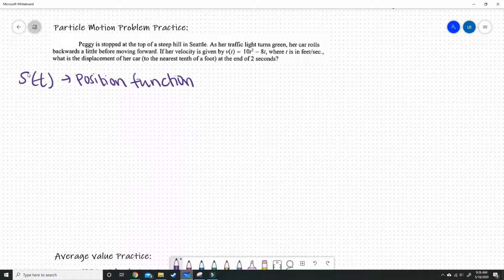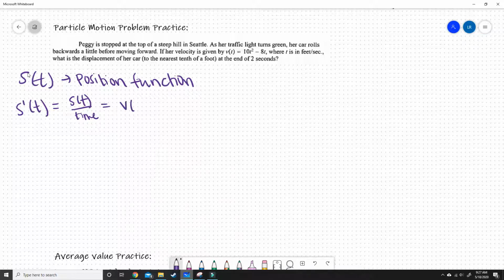When you take the derivative of S of t, that ends up being a rate of change. That derivative ends up being the amount that it's moved over the amount of time that it took to get there, right? And that is velocity. This is a velocity function.